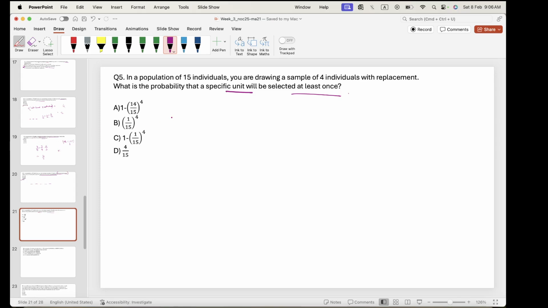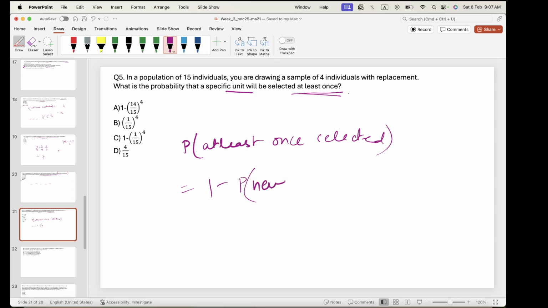So, the probability that it is selected at least once is equal to 1 minus the probability it is never selected.